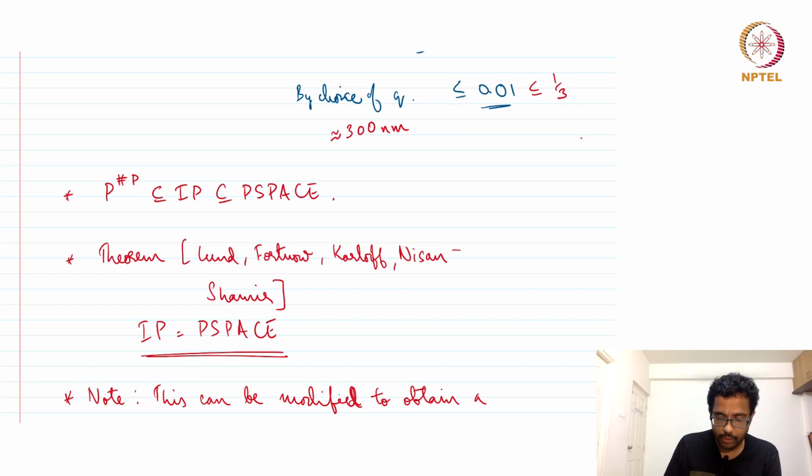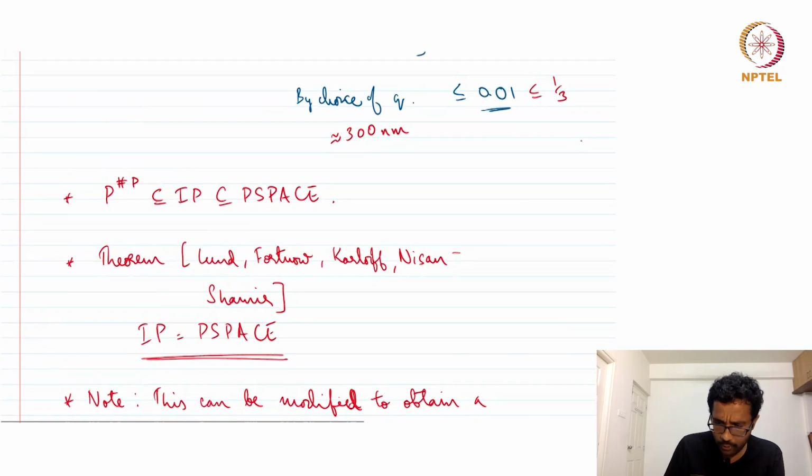And it is actually true that IP is equal to PSPACE. This was a proof by Lund, Fortnow, Karloff, Nisan working together. And at the end, Adi Shamir just completed the proof, building on top of a lot of work built up by Lund, Fortnow, Karloff and Nisan, proving IP equal to PSPACE.